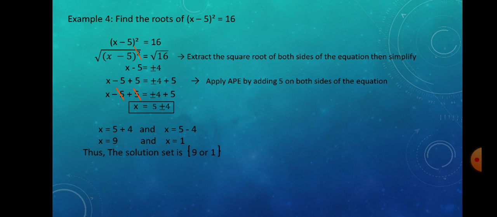Then, we take the two values. We have x equals 5 plus 4, and x is equal to 5 minus 4. So, on one side, 5 plus 4 will become 9. On the other, 5 minus 4 is equal to 1. Thus, the solution set is 9 or 1. So, that is our value.